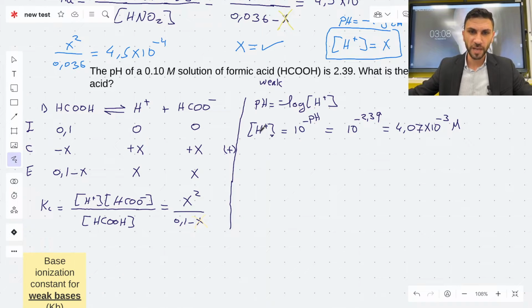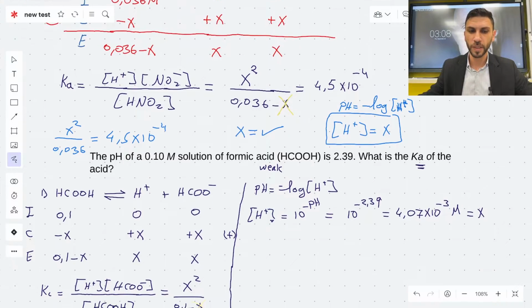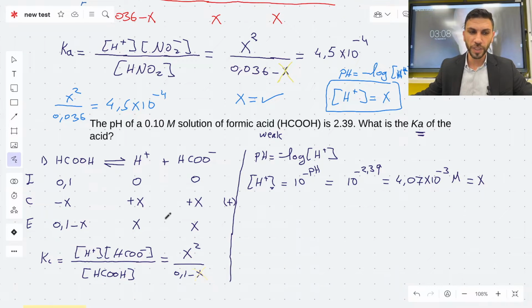All right, so now we have the concentration of H positive, which equals X. We need to substitute this X here in this equation. So Kc is equal to 4.07 times 10 to the power of negative 3, squared, divided by 0.1 minus 4.07 times 10 to the power of negative 3.